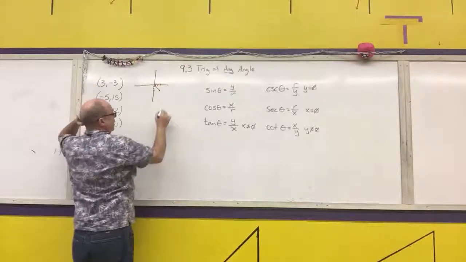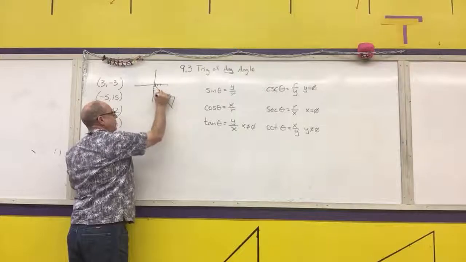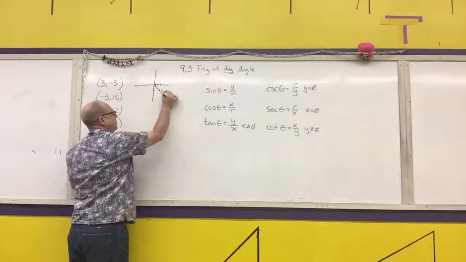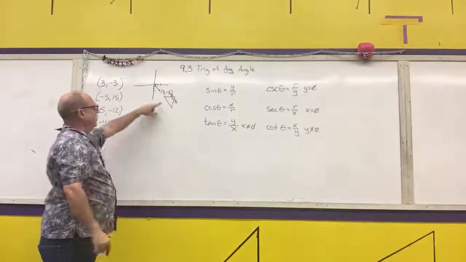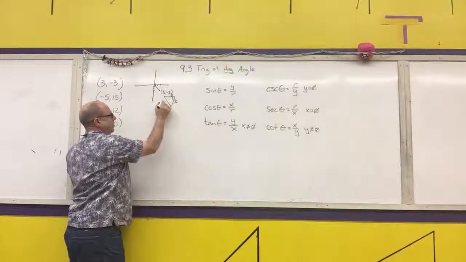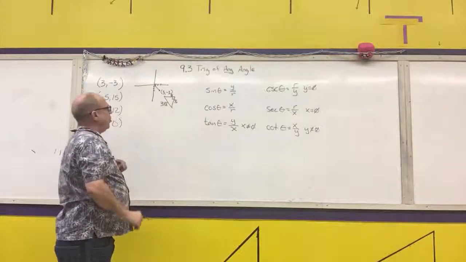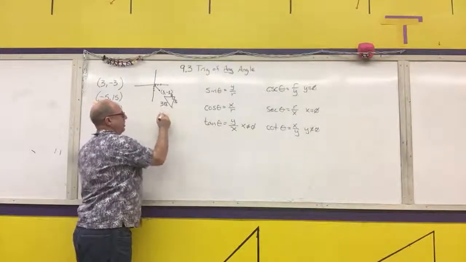Then I want you to draw the triangle. So we're going to label our coordinates (3, -3). So the triangle, this is 3, this is 3. You should recognize this is going to be a 45-degree triangle, so this would be 3 square root of 2. Or if you didn't know that, use the Pythagorean theorem to figure out what r is.